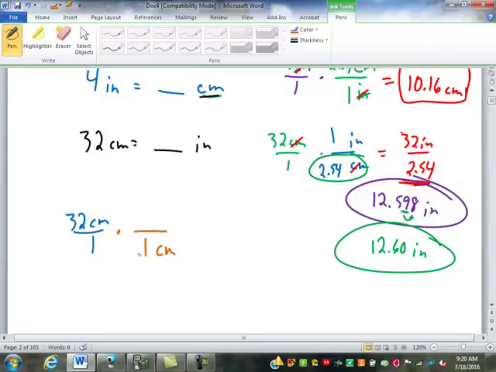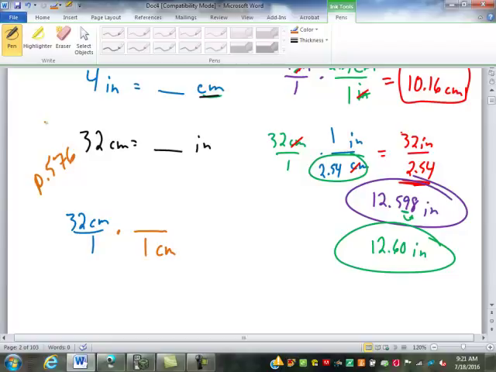If you look in your textbook on page 576, there is a table of metric to standard conversion factors, equivalencies. In that table, you'll see the left side is labeled US to metric.